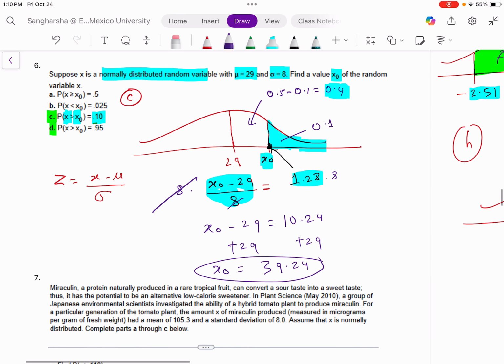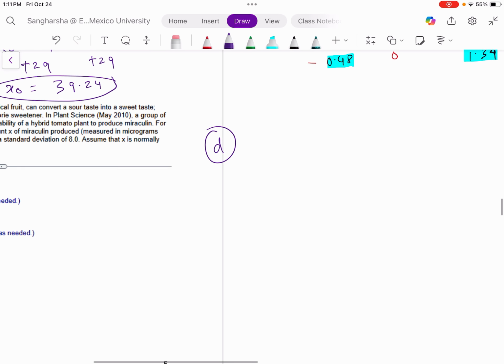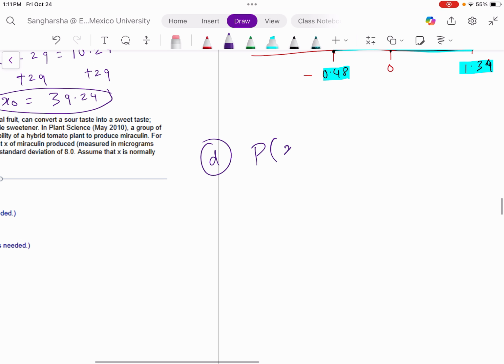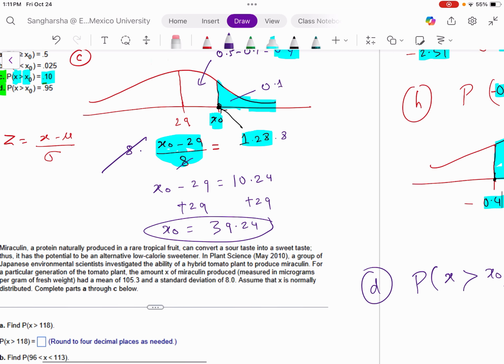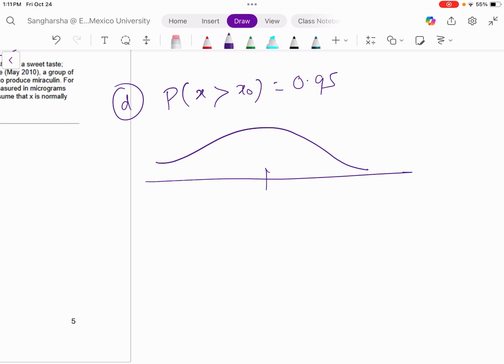Now for part D, the probability that x is greater than x naught is 0.95. Okay, so let me draw a bell-shaped curve. Our mean is 29. Now let's look at x naught. So where should our x naught be? What we know is the probability that x takes a value greater than x naught is 0.95.